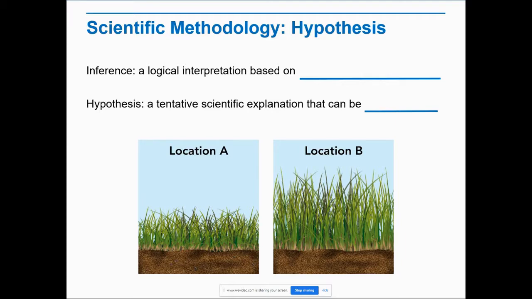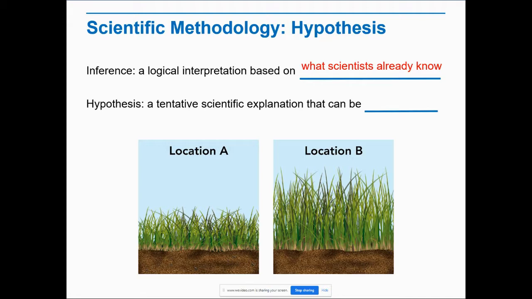All right, so now you see that we've got a couple of definitions here, some vocab words. We've got inference and hypothesis. An inference is a logical interpretation based on what scientists already know.